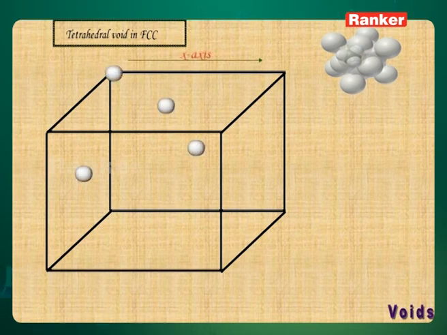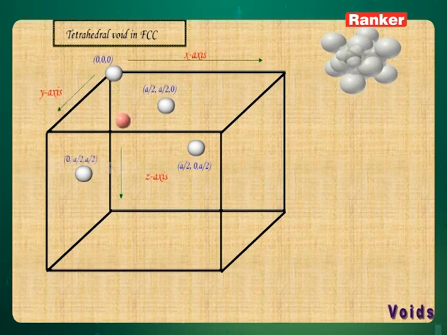Tetrahedral voids in FCC. Now consider one atom at the corner, one atom at the face center of the top face, one atom at the back face, one atom at the side face, all 3 at the face centers. Look at all the 3 axes and their positions. This red ball is along the body diagonal. From the 0, 0, 0 reference atom, the white one, the face centers are at 0, a by 2, a by 2; a by 2, 0, a by 2; and a by 2, a by 2, 0.